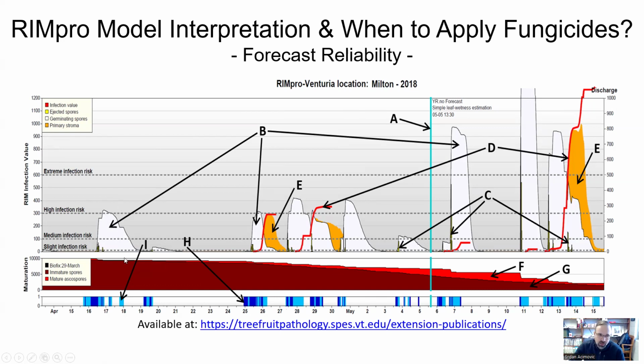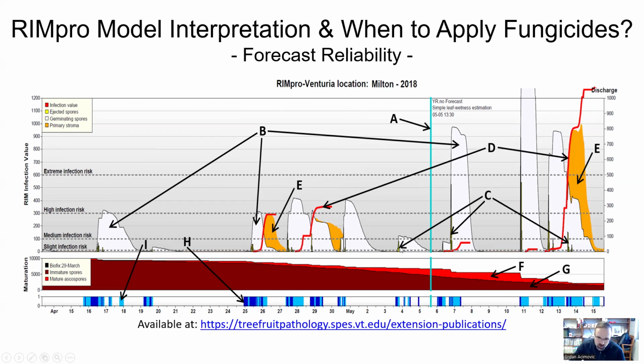So when we see these white humps without the red line following after, the infection in this case, when we don't have the red line with it, indicates to us that yes, there were conditions for spores to germinate, but there were no conditions to continue infection, and these spores failed to establish the infection.